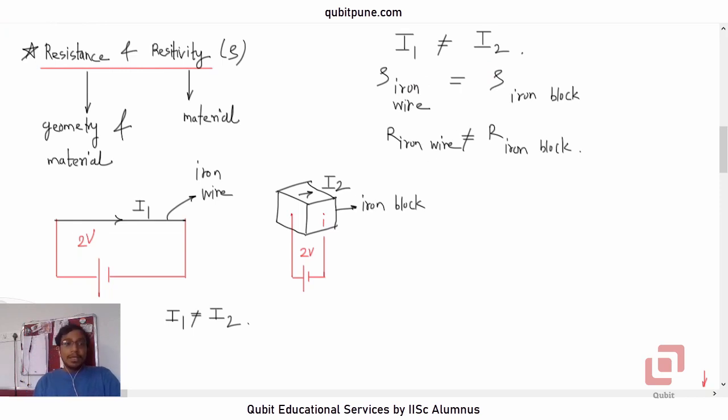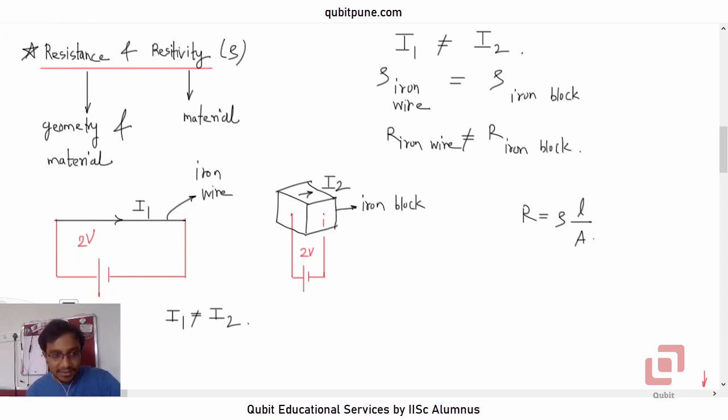Now, are the resistance and the resistivity dependent on each other, or rather does the resistance depend on the resistivity? Of course it should, and the connection between the two is given by R equal to rho L upon A. Here L is the length of the substance or object measured in the direction of the current flowing.